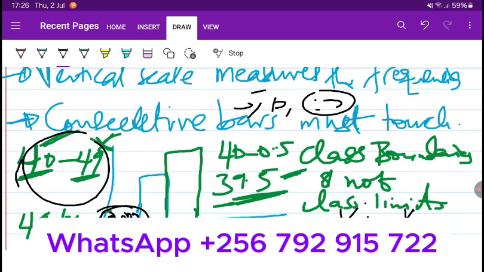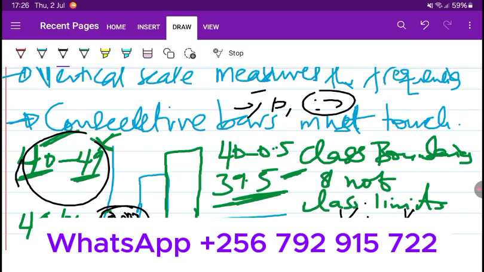So a histogram that uses frequencies on the vertical axis, we call it a frequency histogram. And the one that uses relative frequency, because we told you that they may use relative frequency or they may use even percentages. So if they are using relative frequency or percentages on the vertical axis, then they are going to be called relative frequency or percentage histogram, respectively, depending on what they have given to you in the question.